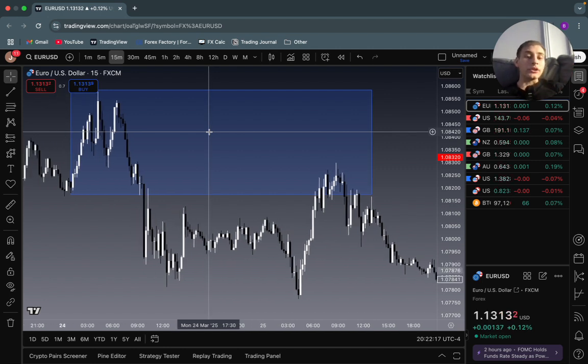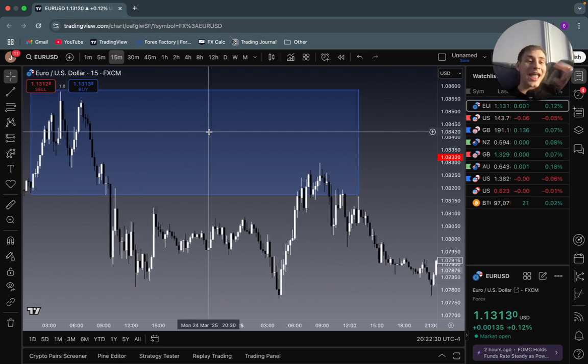All we're really doing is identifying these patterns on the higher time frame and then going to the lower time frames to continuously identify them, find better entries and better, more specific zones. Why? Because then we can have more specific entries, make more money, and be more precise with what we're doing. That's why it's really important for you to understand that the market is fractal.